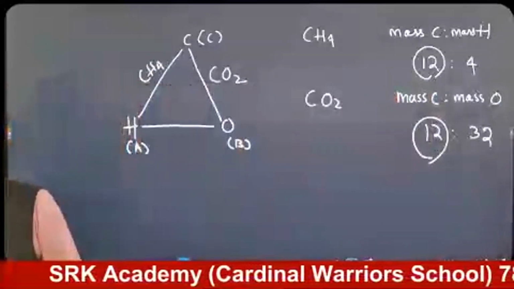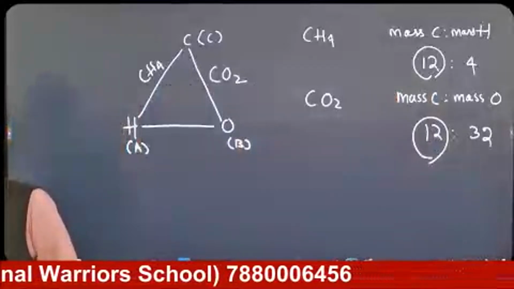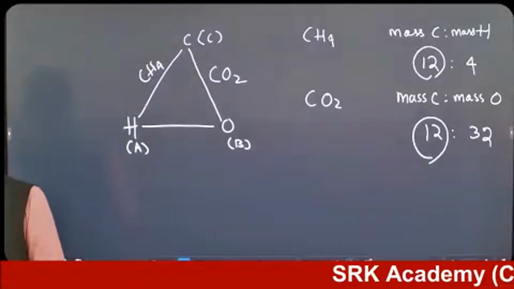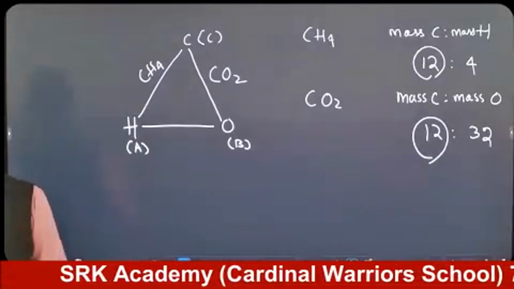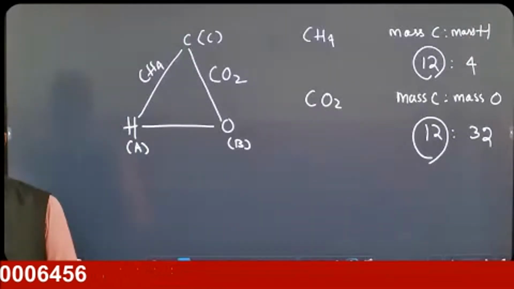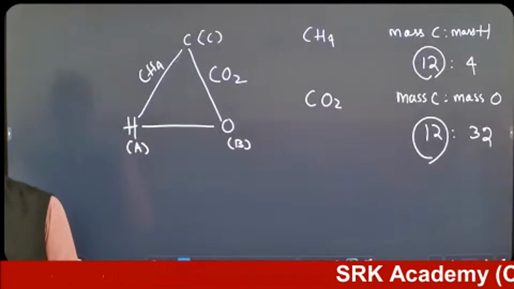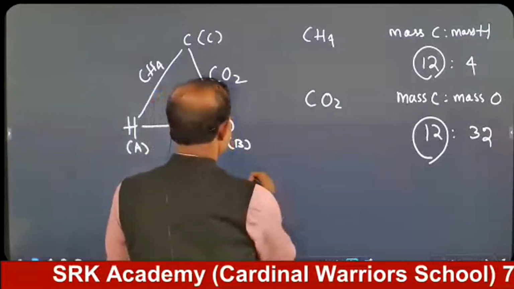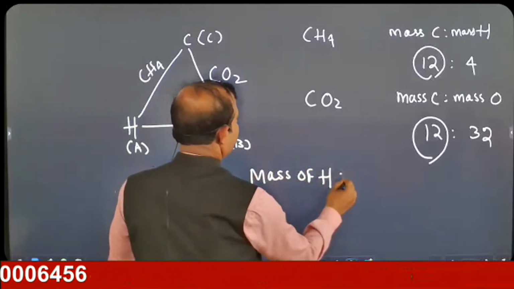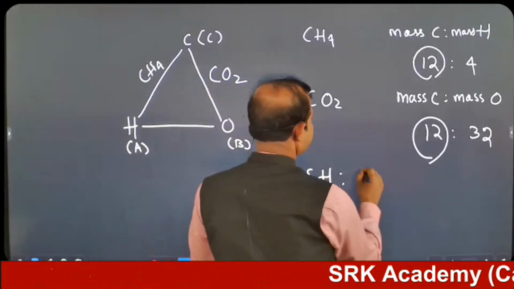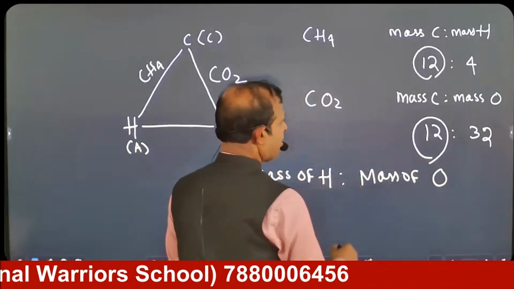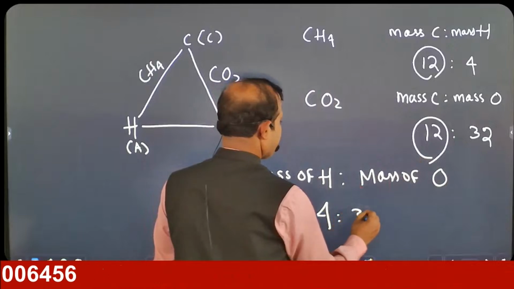If you take the ratio of the mass of hydrogen to that of oxygen, keeping the mass of carbon fixed, you have to take the ratio of the mass of hydrogen and the mass of oxygen. See what happens: the ratio of the mass of H to the mass of O. So what is that? 4 is to 32.